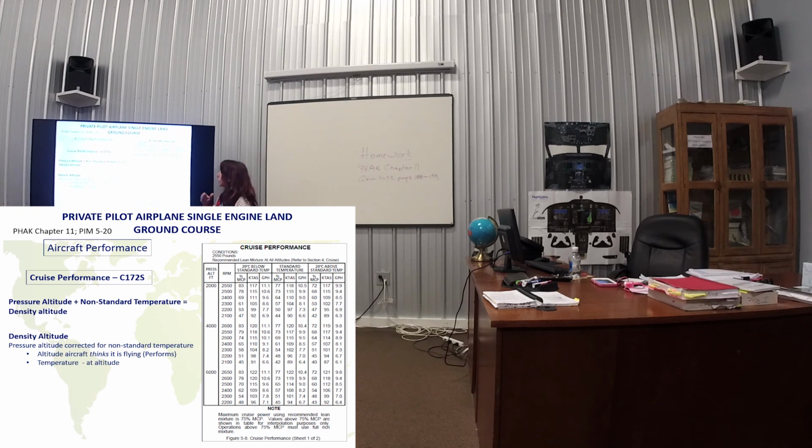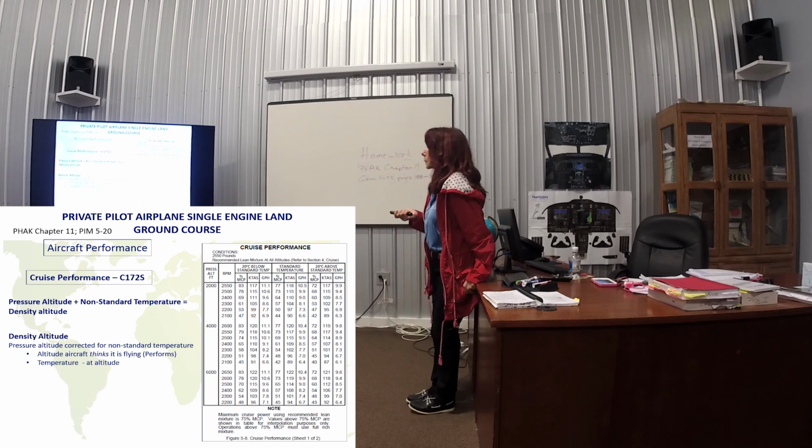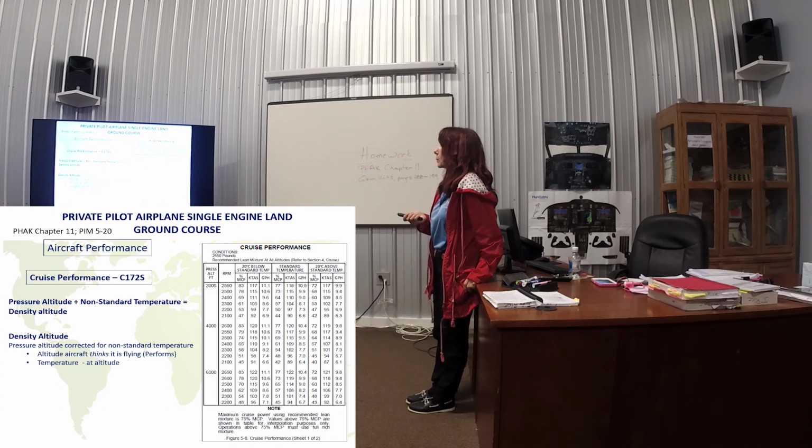Recognize that you're not using the RPMs that you flight planned for. Good? Don't forget that. It's a really good chart. So MCP is the percent of power your airplane's putting out.